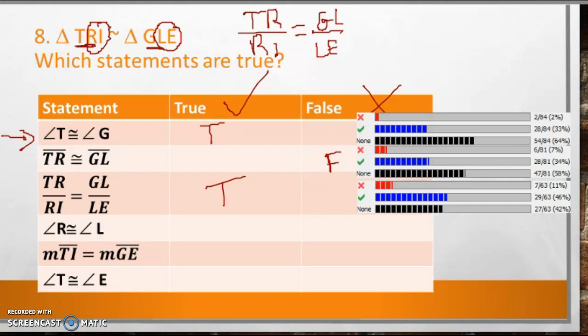Okay, so different order, if it says congruent, if it's a squiggle, change any one of the letters. Yeah, okay. So here's kind of what I'm getting at. If it had had this first fraction the same, TR over RI, and then it had said TR corresponds to LE and RI corresponds to GL, if it had just changed the order, if it had just flipped a fraction, would that still have been a true statement? Getting tricky here.